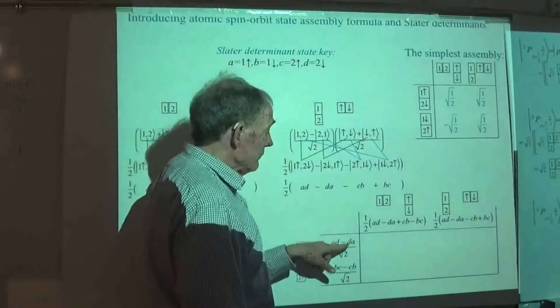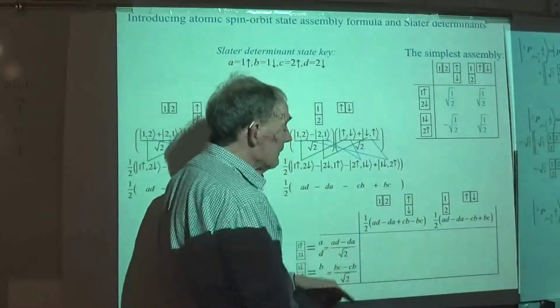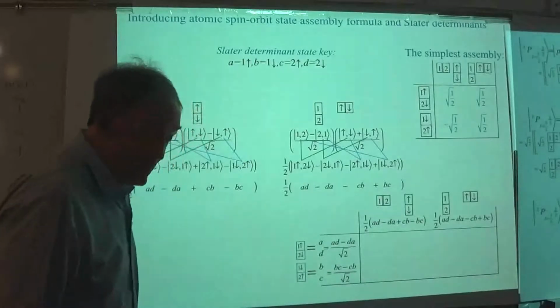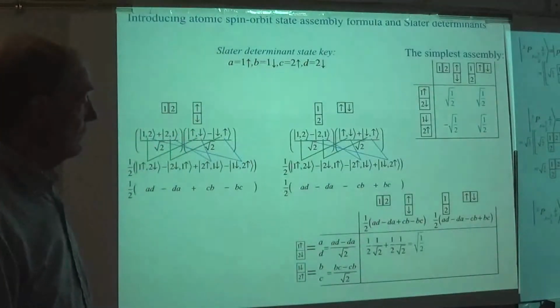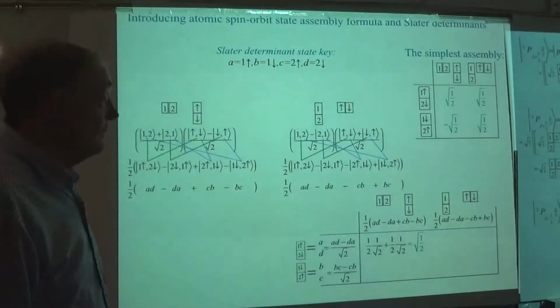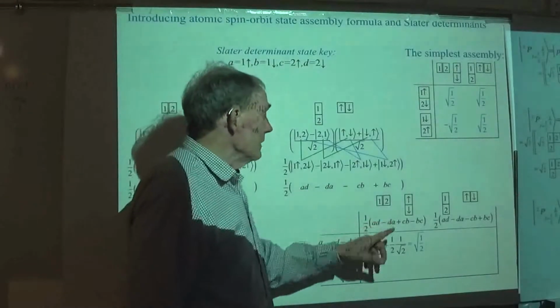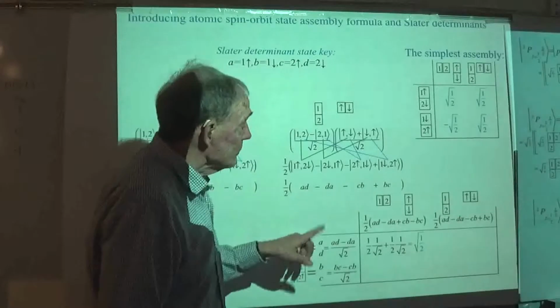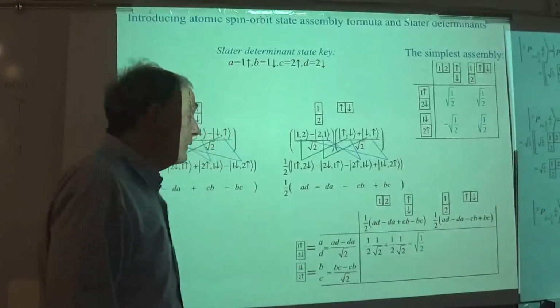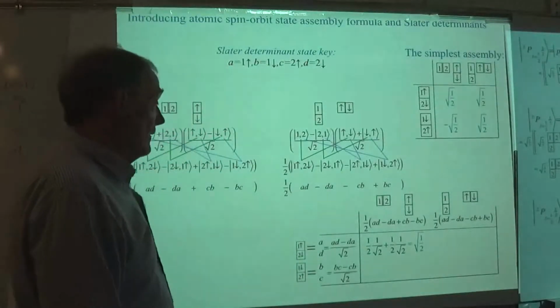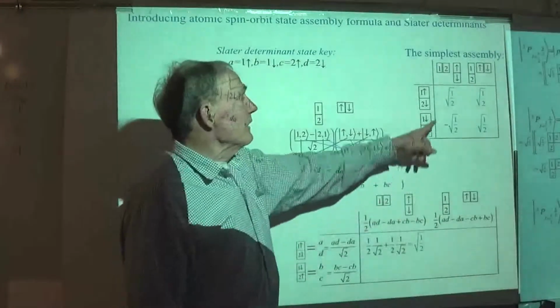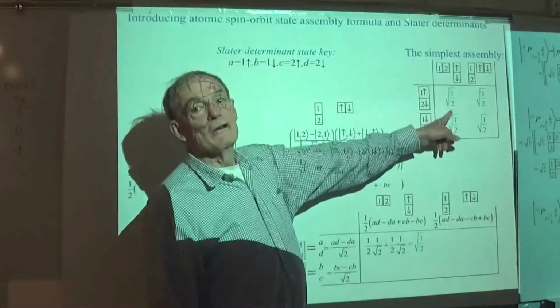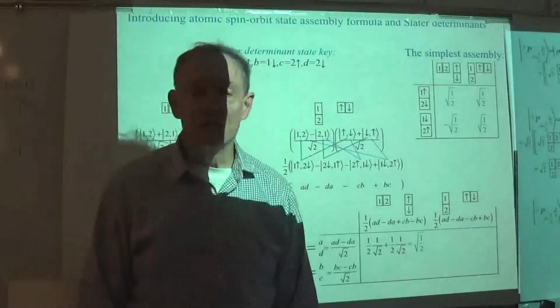But DA is going to do the same thing. It's just going to look at that one. So that's what we will be doing here. Basically we get one number for this one and one number for this one. This is a minus times a minus, which is a plus, and the two numbers are just 1/2 of 1 over the square root of 2. Add that up and you get a whole square root of 2, so that's the first number in our assembly table. You see what I'm doing here?